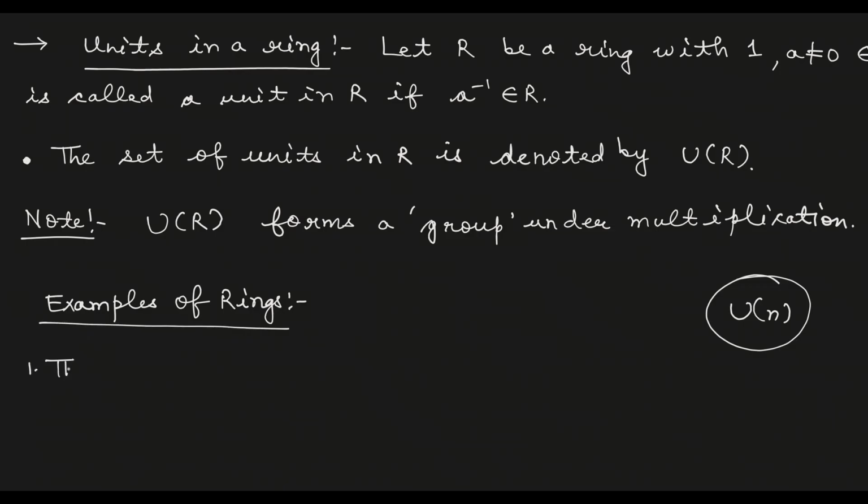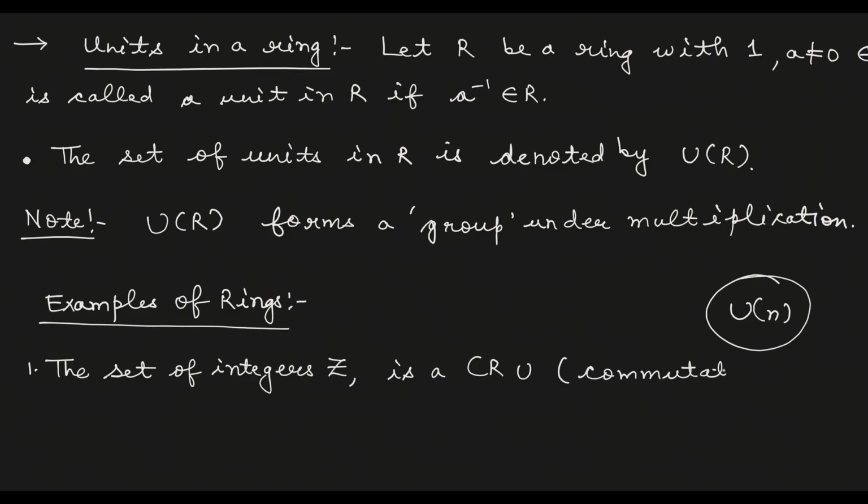First, the set of integers is a commutative ring with unity, which is 1.